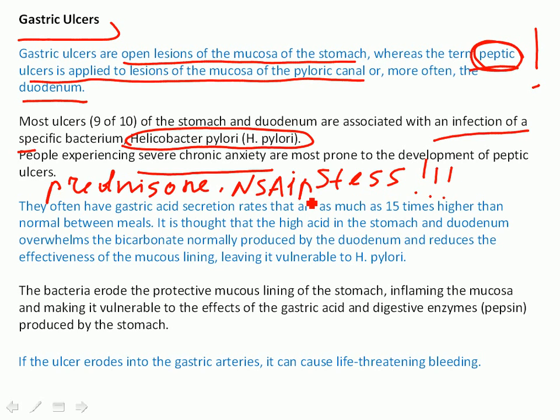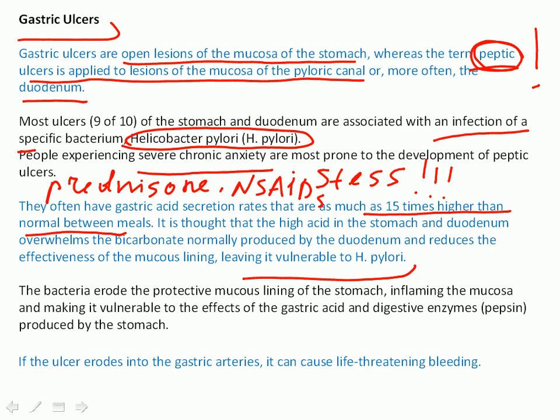Patients who experience chronic anxiety have very high gastric acid secretion, sometimes 15 times higher than normal. That is also quite commonly associated with increased secretion of gastric acid in patients with Helicobacter pylori as well. So you see, Helicobacter pylori kind of causes stress of the gastric mucosa and stimulates production of hydrochloric acid.